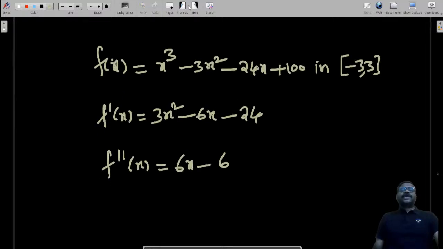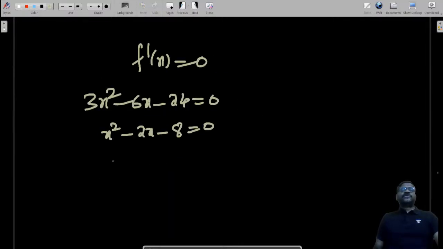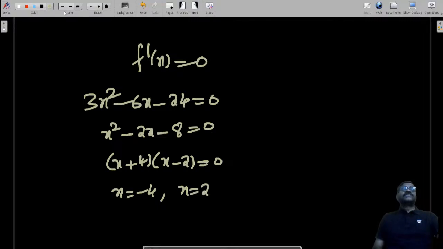X square minus 2x minus 8 equal to 0. X plus 4 into x minus 2 equal to 0. X equal to minus 4, x equal to 2.